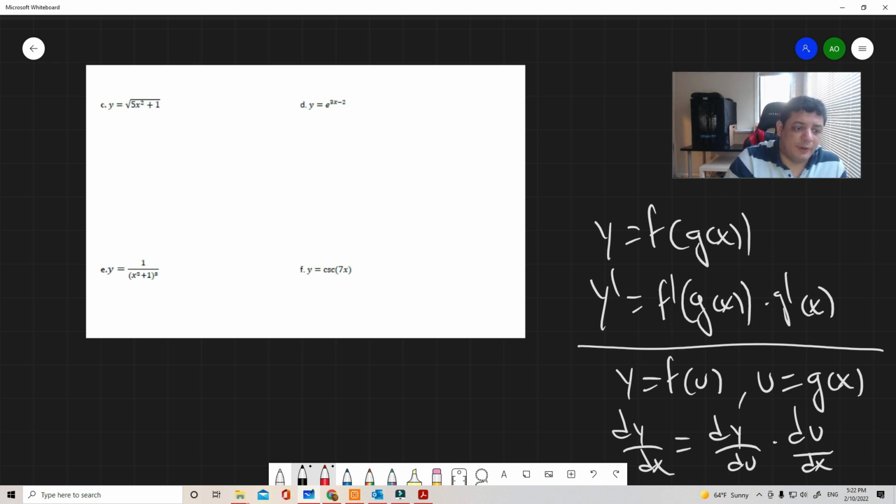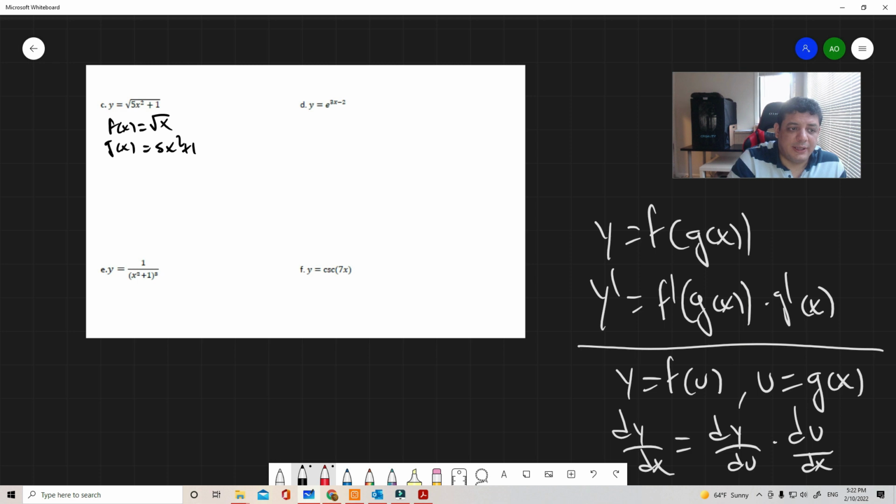So for the first one we have y equals square root of 5x squared plus 1. Given that, we can say this is the composition of the function f of x, square root of x, and the function g of x, 5x squared plus 1.